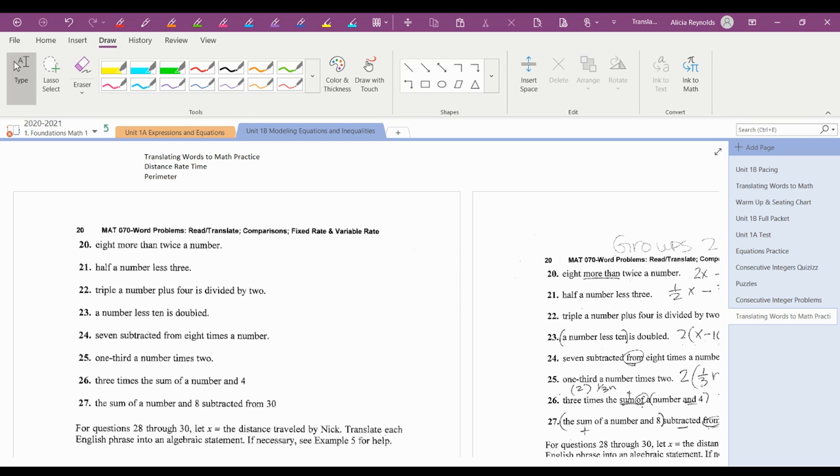And there is a little bit of distance, rate, time, and perimeter thrown in. That's why I assigned you guys Edpuzzle, translating introduction, and distance, rate, time introduction, and those other examples for us to get exposed to more of this content and get some instruction before we just start doing the assignments.